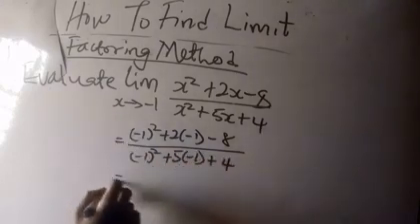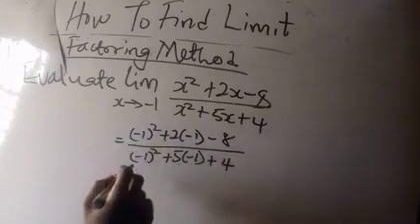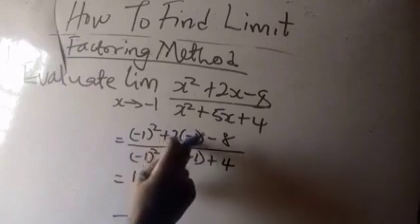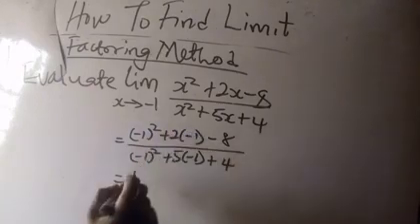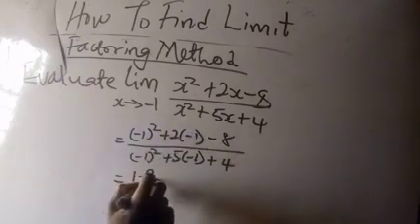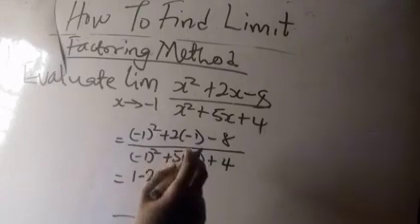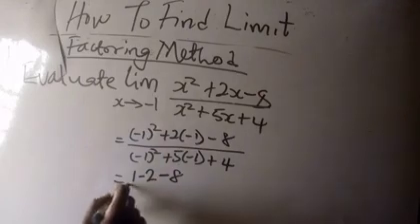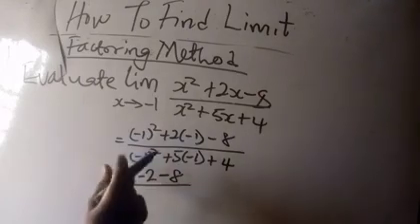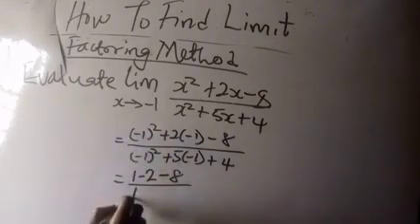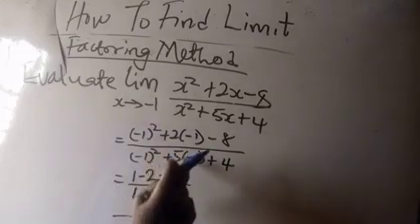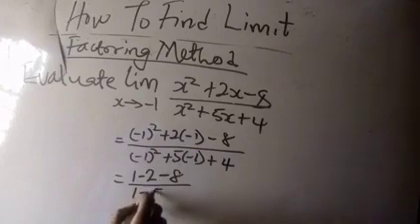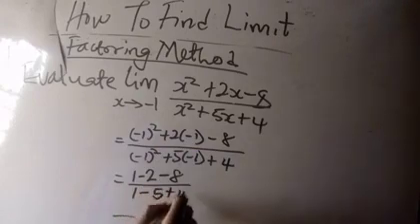So what do we have? Minus 1 squared is 1, plus 2 times minus 1 is minus 2, minus 8, divided by minus 1 squared is 1, plus 5 times minus 1 is minus 5, plus 4.